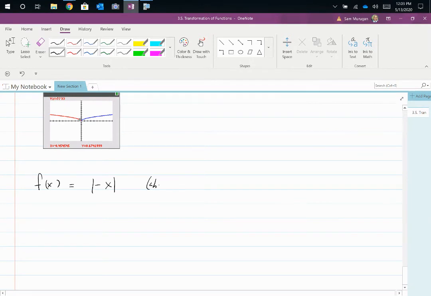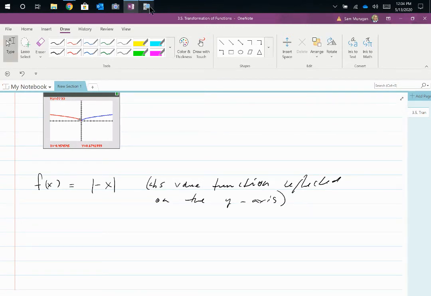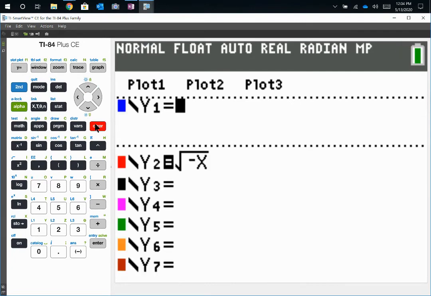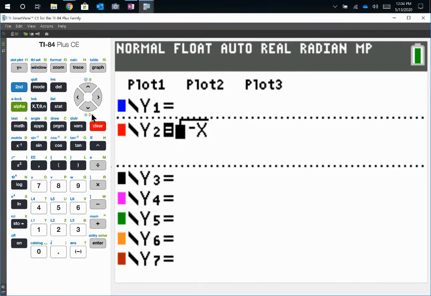Absolute value function reflected on the y-axis. And as you can imagine, if we were reflecting the absolute value function on the y-axis, you wouldn't see anything with the calculator because you're simply reflecting the graph around itself.